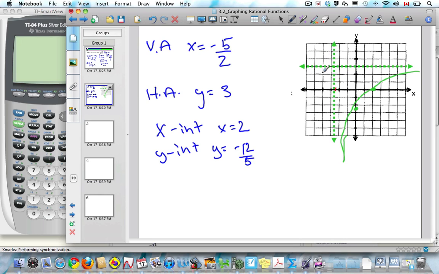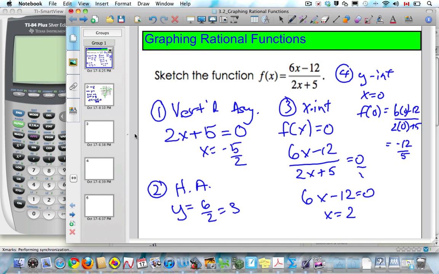Now, to find the other half, is it going to be below this horizontal asymptote or above it? Well, experience tells me where it's going to be, but if I'm not sure, I pick a point on the other side of negative 2.5. So let's pick negative 4. I plug f of negative 4 into my function, which is 6 times negative 4 minus 12 over 2 times negative 4 plus 5.